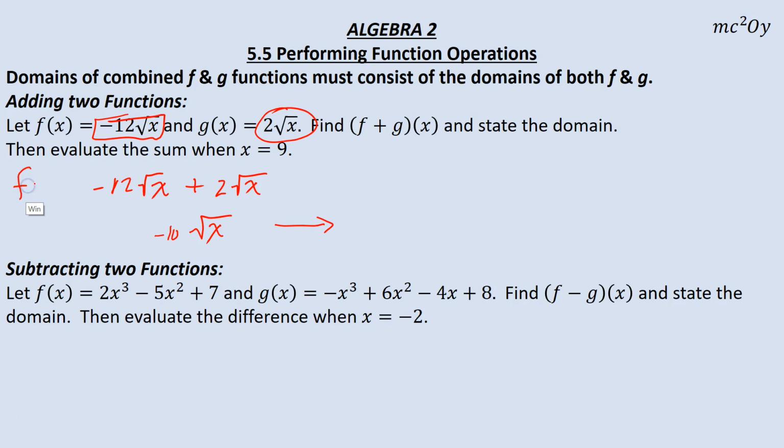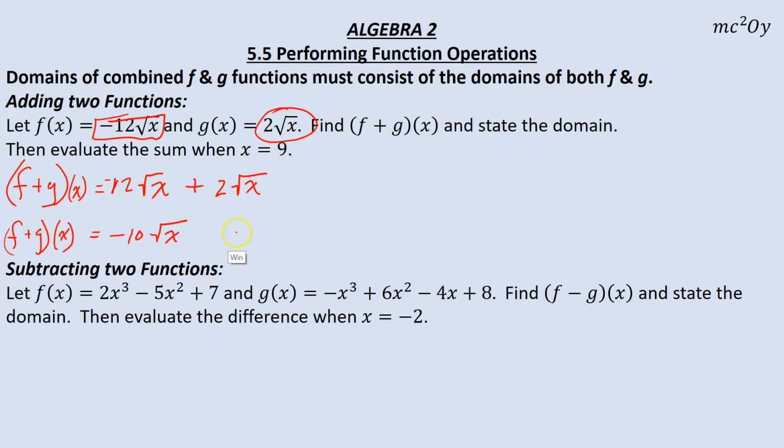This is f plus g of x, which equals negative 12 root x plus 2 root x. So f plus g of x equals negative 10 root x.